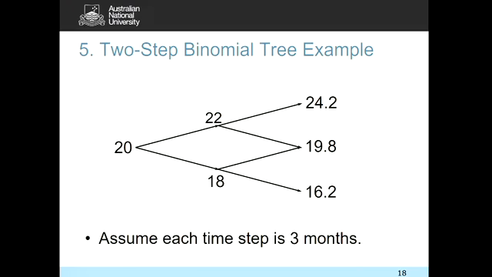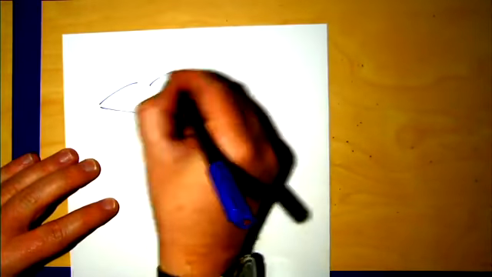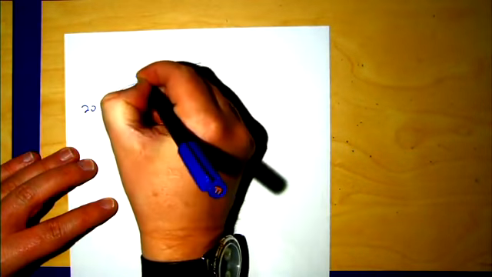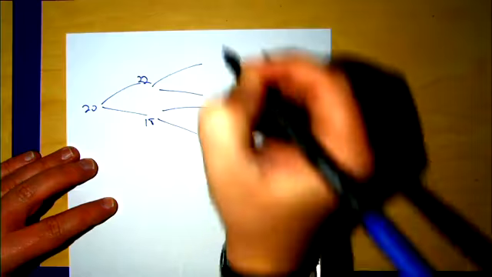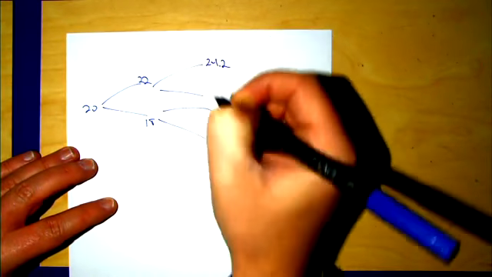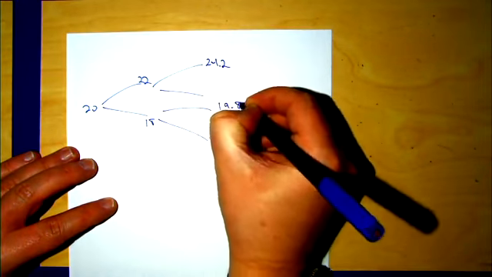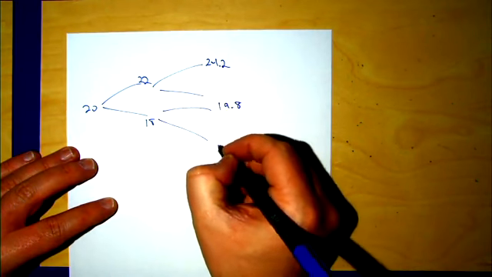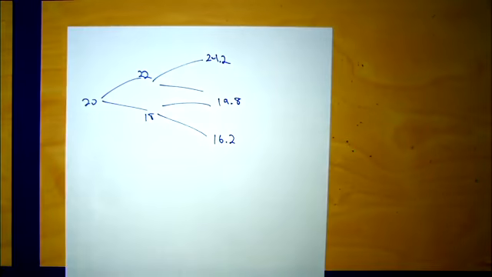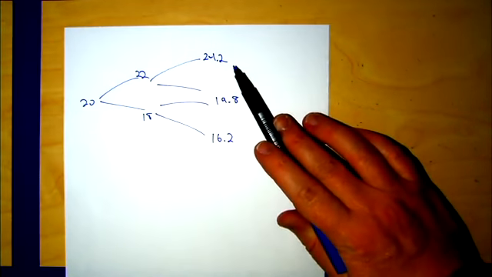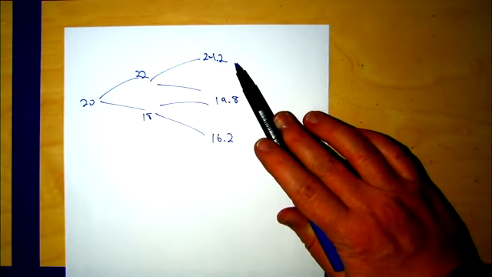Okay, so let's do this on an overhead. We start off at 20, we can go up to 22, down to 18, up to 24.2, 19.8, and 16.2. How many ways are there of getting to 24.2?